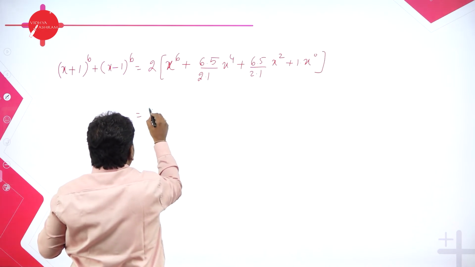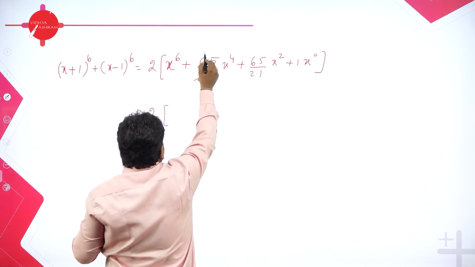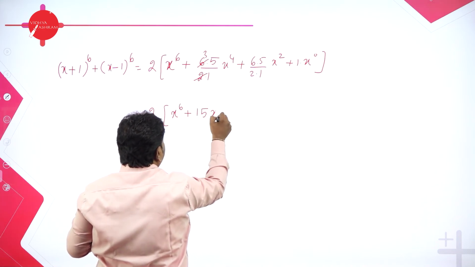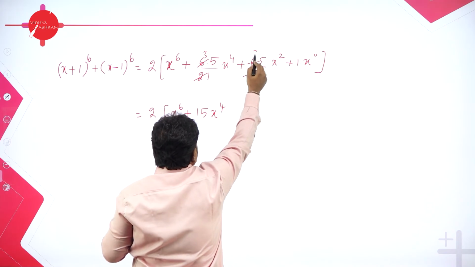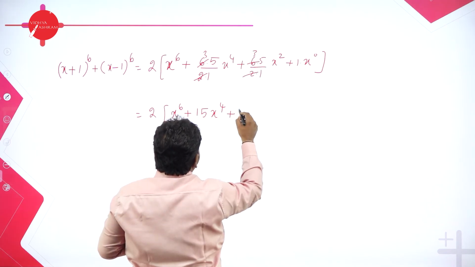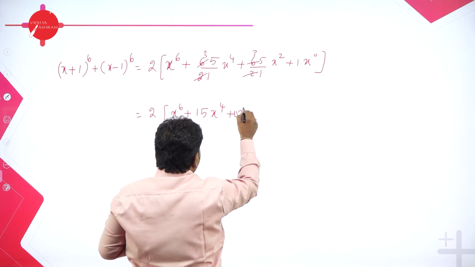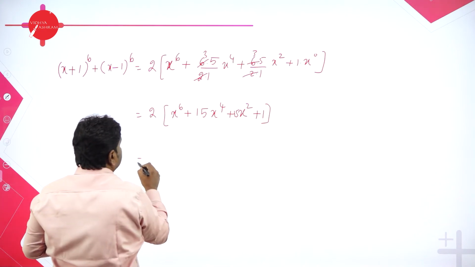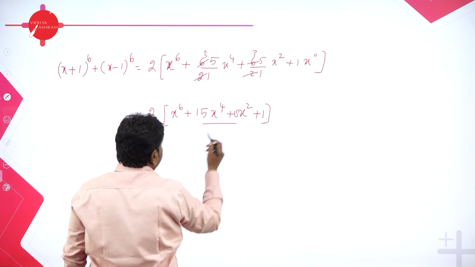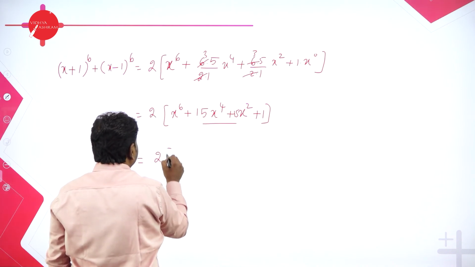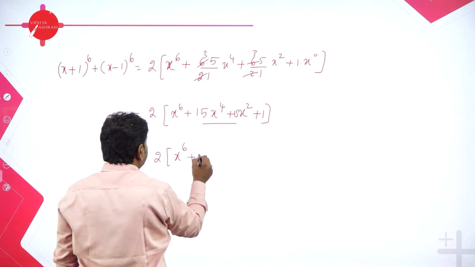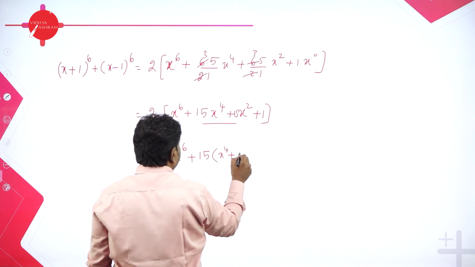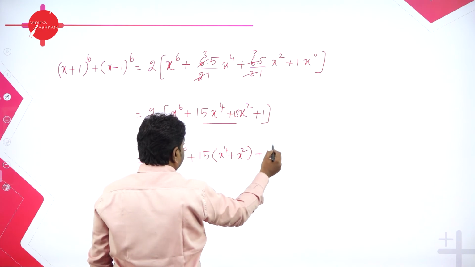Now that is 2 into, 2 ones are 2, 3s are 15, x power 6 plus 15 x power 4 plus 2 ones are 2, 3s are 15 x square plus 1. That is, in these two you can again write 2 times x power 6 plus 15 times x power 4 plus 15 x square plus 1.